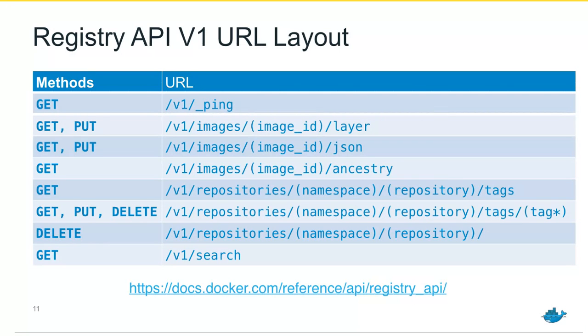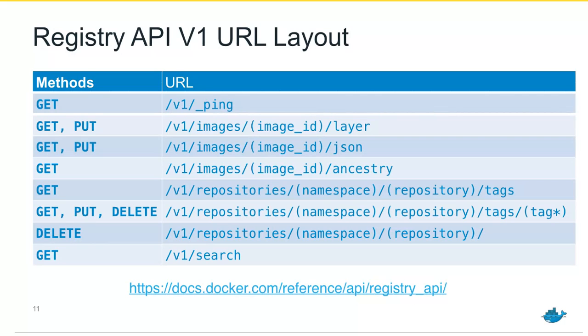Don't worry too much about this, but this is the V1 API layout for reference. Notice that there are similar API methods for layer and JSON, as well as a tag API that can be used to manipulate and add new tags to each image.